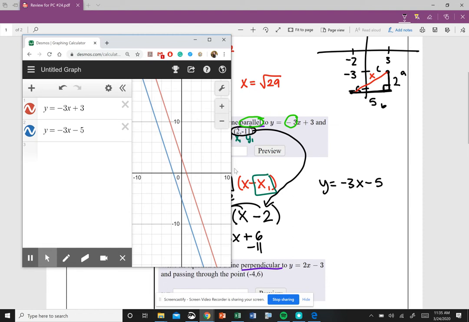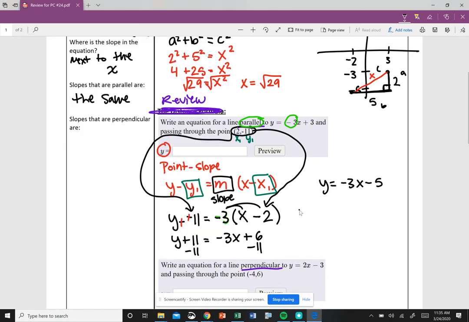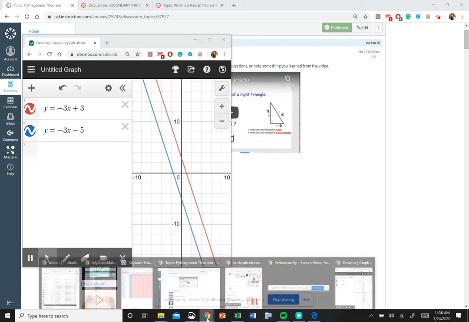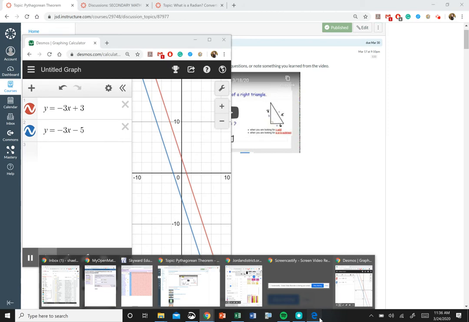Now, I just want to see if the point 2, negative 11 is on here. So if I go over 2 and down 11, where am I? Or no, yeah, positive 2, 1, 2, negative 11, 1, 2, there's 10, 11. I'm very confused now. I hate that it keeps doing that.